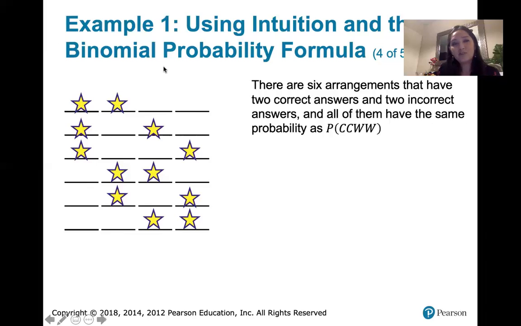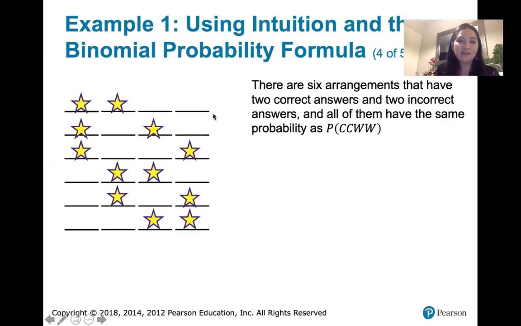For the second one, the probability of getting the first one correct and the third one correct and the other 2 incorrect is 1/5 times 4/5 times 1/5 times 4/5. And here, it's 1/5 for that first correct answer, 4/5 times 4/5 for those 2 incorrect answers in the middle, and that last answer being guessed correctly has a 1 in 5 chance.